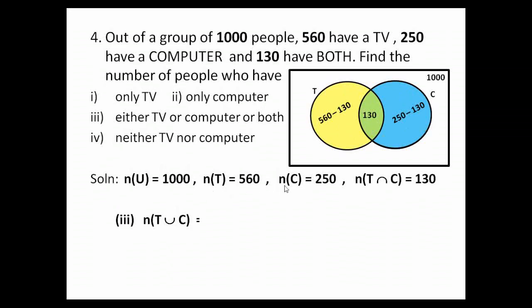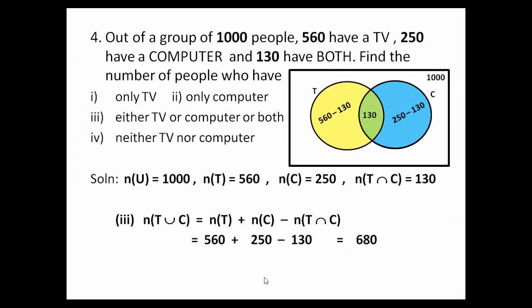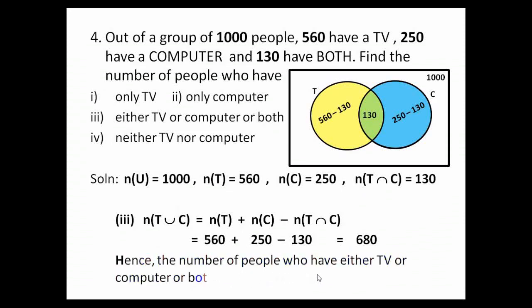So NT plus NC minus N(T intersection C) will give you the union of TV and computer. So 560 plus 250 minus 130 should give you 680. So hence the number of people who have either TV or computer or both are 680.